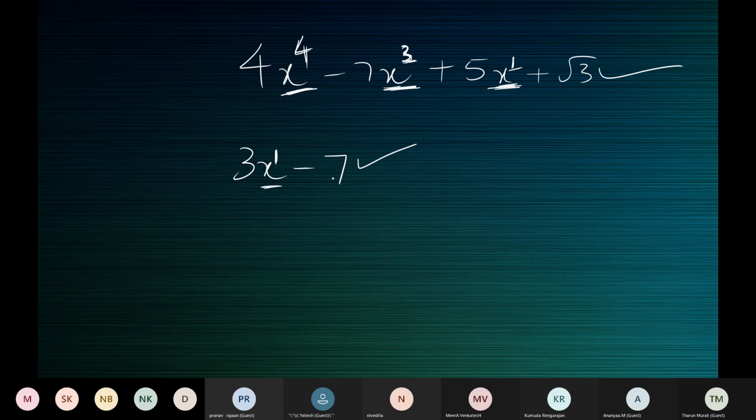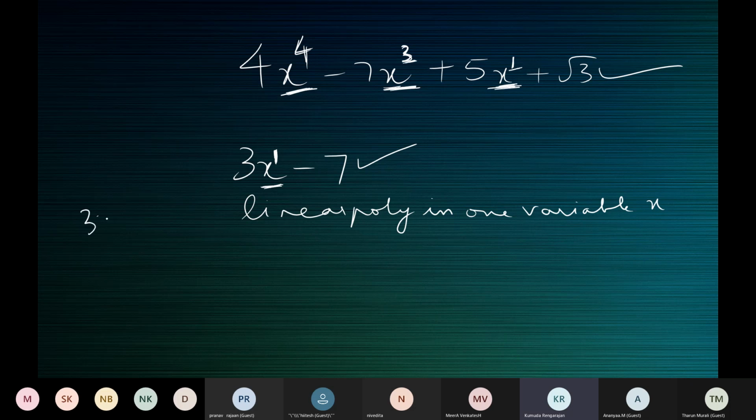So it's a polynomial. Now there's only one variable x. And it's linear because its power is 1. Recall from standard 9, when the power is 1, it is linear. And there's only one variable x. So this is a linear polynomial in one variable x.